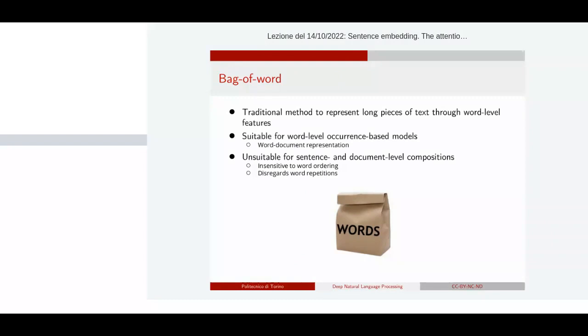This is the simplest way to combine words. You miss a lot of information, of course, because you are unable to capture the sense of the text, which is expressed by a specific ordering of the words.